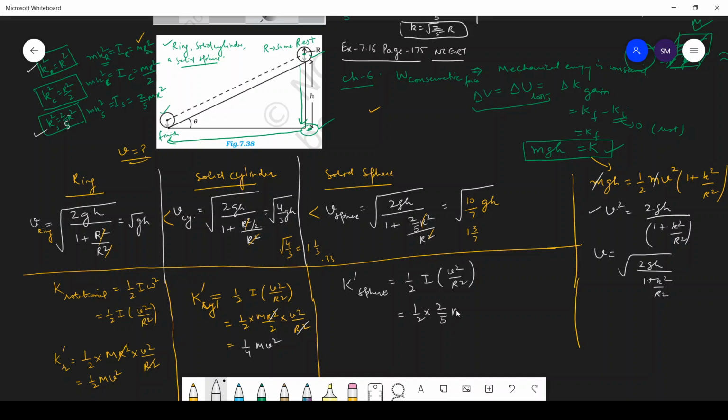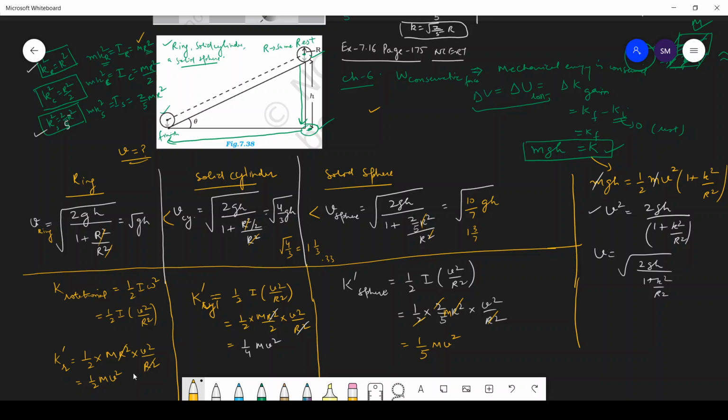So 2 by 5 m R square into V square by R square. So this R square gets cancelled out and the 2 also cancels out, and we get 1 by 5 m V square. So that's the rotational kinetic energy when they reach the ground.